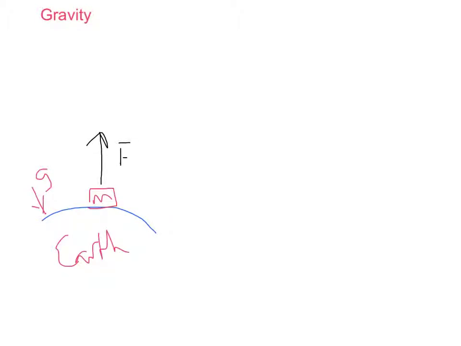I'm going to have to do work. Force times X is equal to work. But in this case, what I'm doing is gaining potential energy. Well, force is M times G, and the X is what we commonly call height. So when I push it away from the gravitational 0 point, and again, we can pick 0 wherever we want, it gains energy.